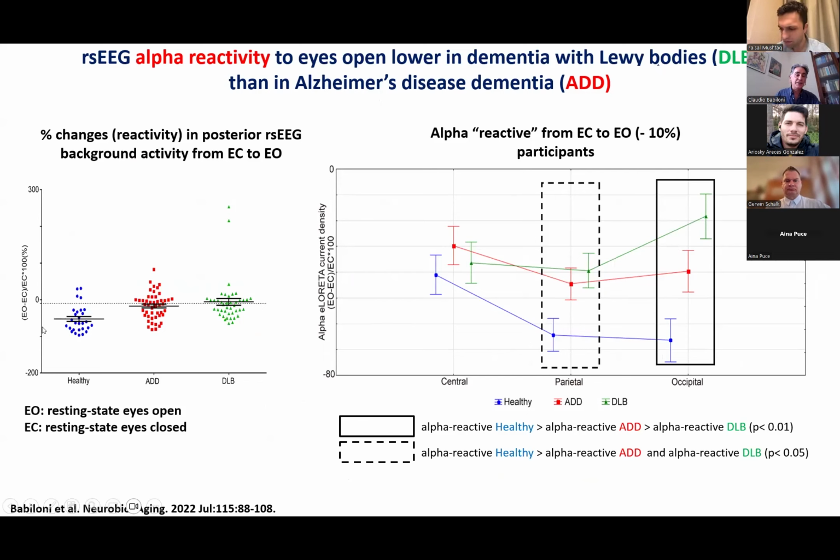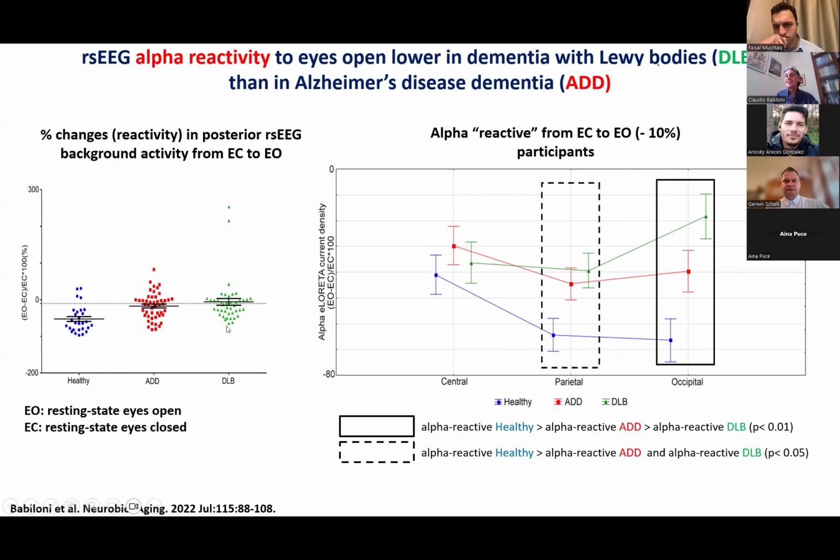You see negative values showing this reduction of alpha. But a lot of Alzheimer's disease patients in red did not show this kind of reactivity, showing this vigilance disorder in Alzheimer's disease patients. And the same is true in patients with dementia with Lewy body, DLB in green.